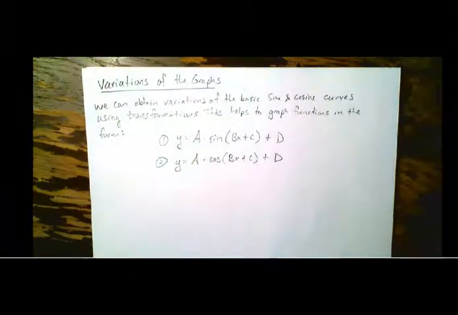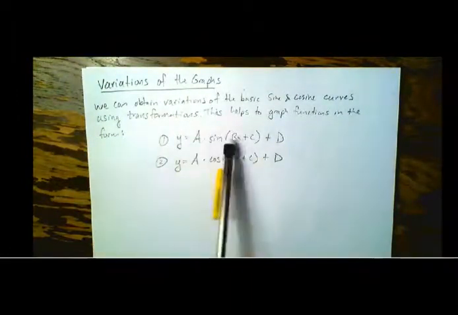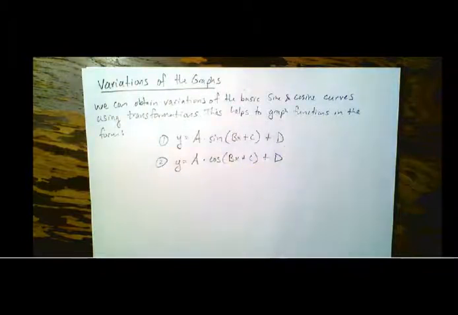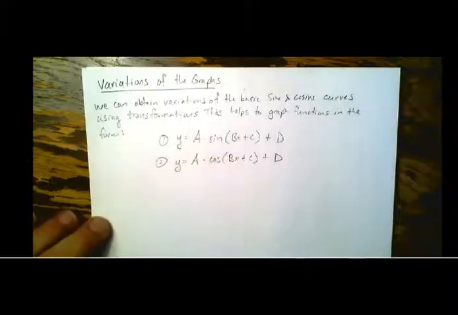Okay. So you saw previously that these different parameters have different effects on the graphs of functions, right? Luckily, the A, B, C, D parameters, if you can remember from doing transformations, do pretty much the same thing, right?